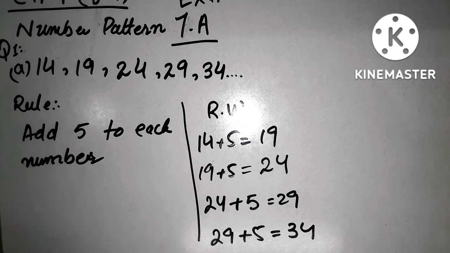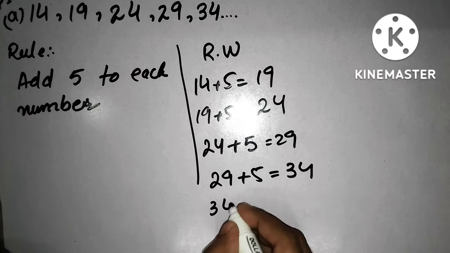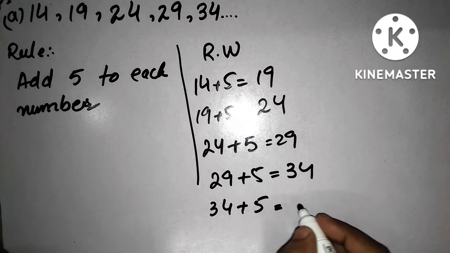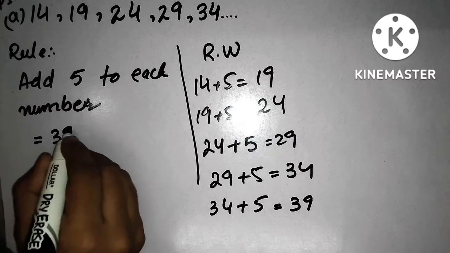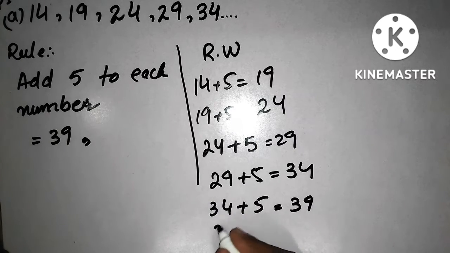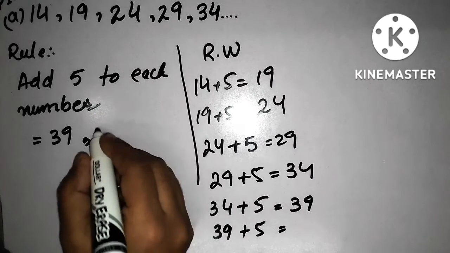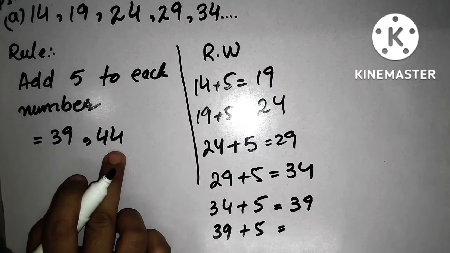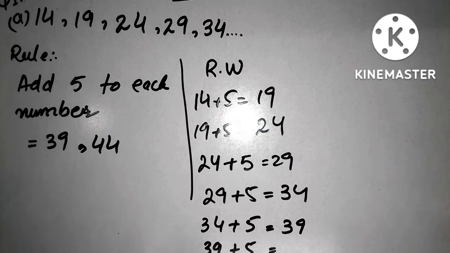So how can we find them? 34 plus 5, what will be the number? It will be 39. It means the next number will be 39. When we add 39 plus 5, it will be 44. So 39 and 44 are the next numbers according to the sequence 14, 19, 24, 29 and 34.